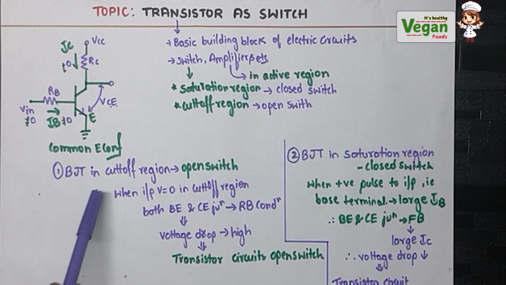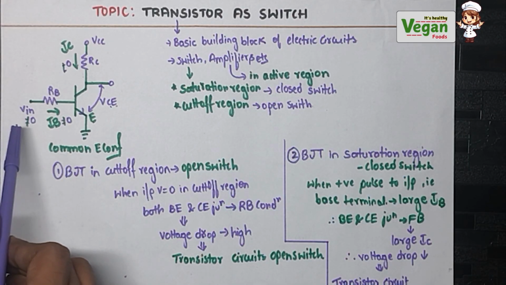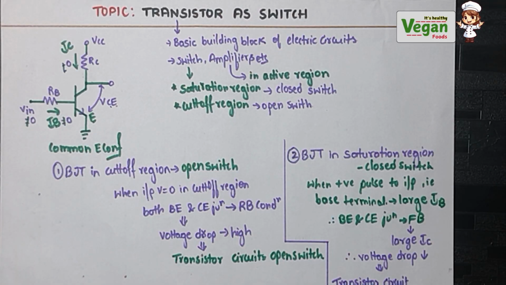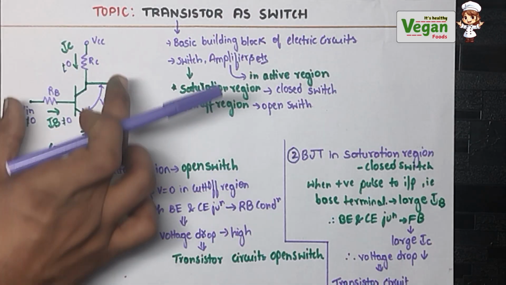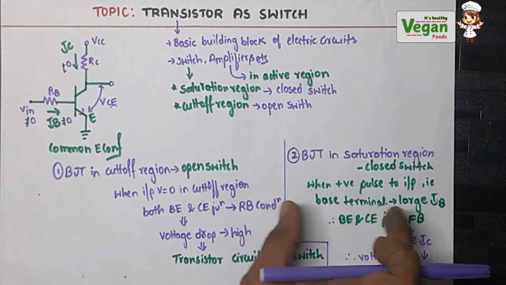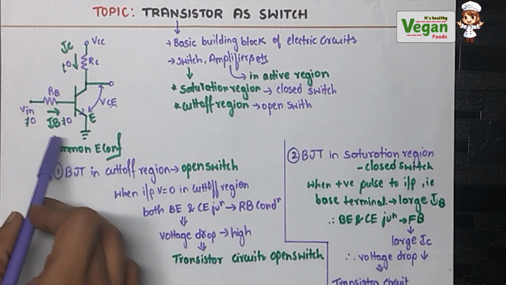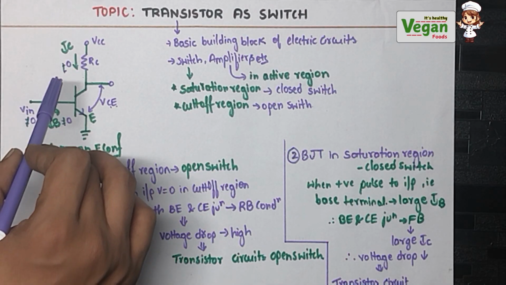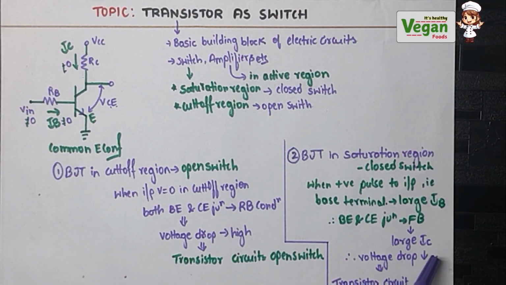Draw the BJT in the cutoff region and assign the input voltage equal to 0, IC equal to 0 and IB equal to 0. Then redraw the same circuit for the BJT in the saturation region, where the IB value will be more, the IC value will not be equal to 0, that is, IC will also increase, and the input voltage Vin will not be equal to 0; it will be a positive pulse.